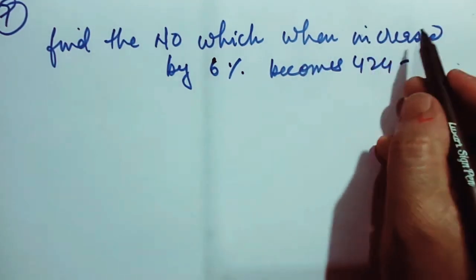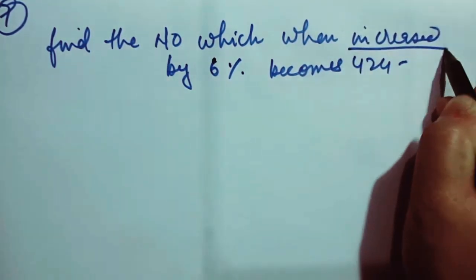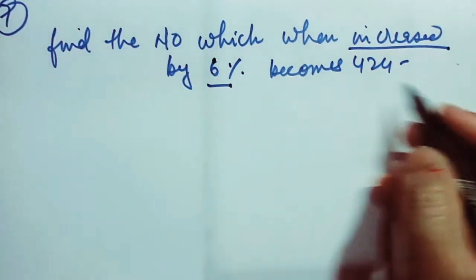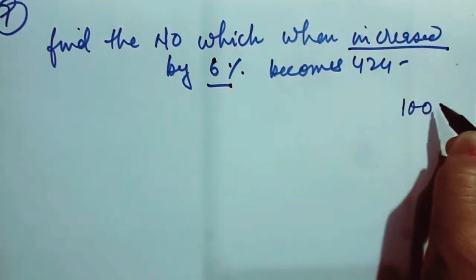So as I said, when you are increasing a number by 6%, this means the number was already 100.